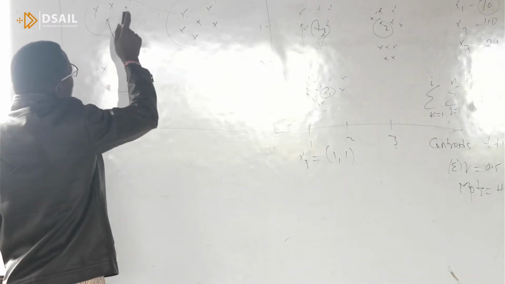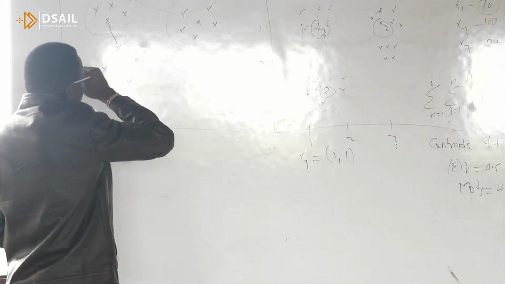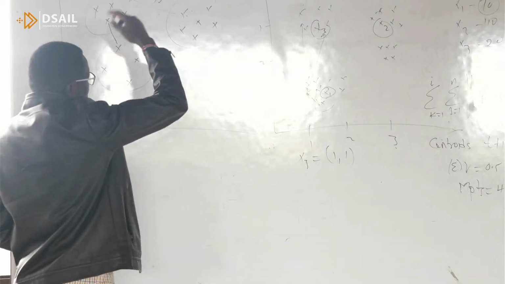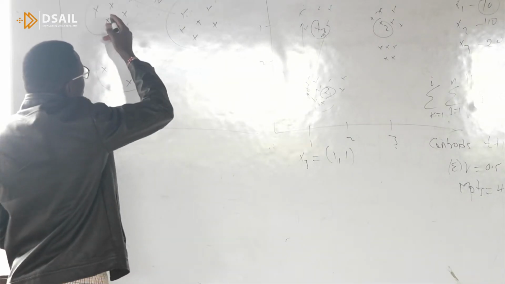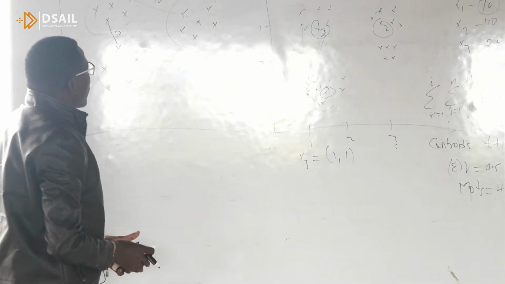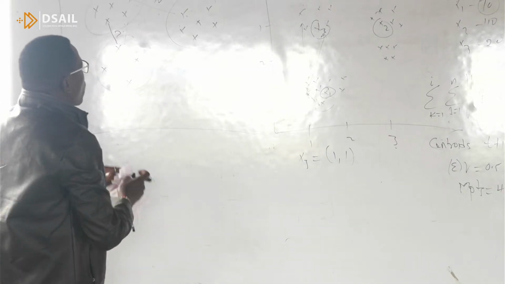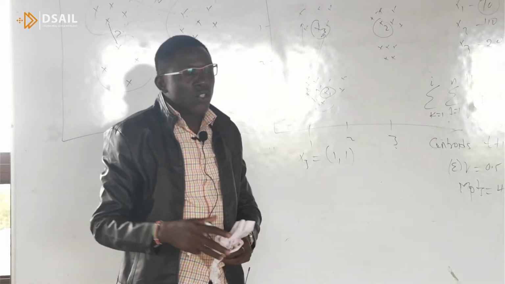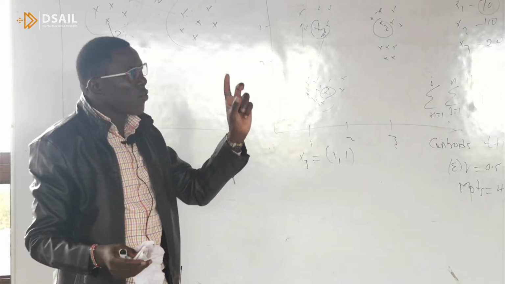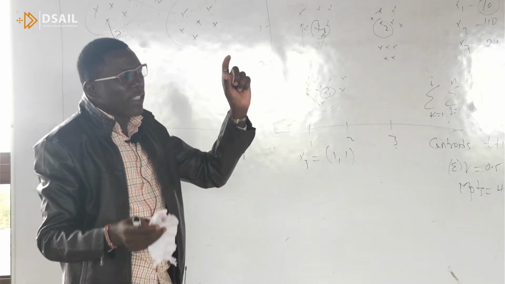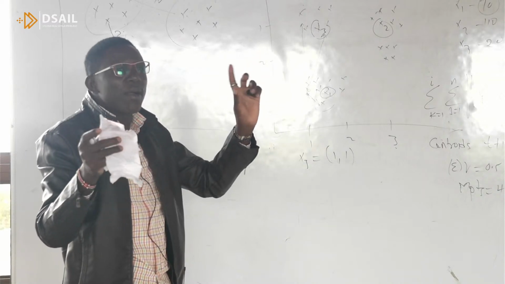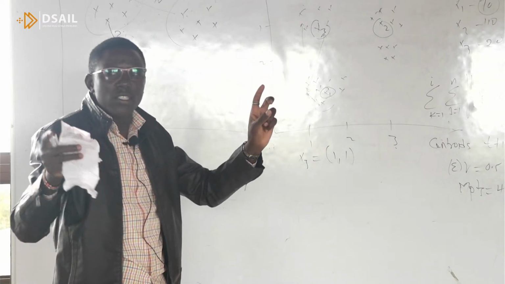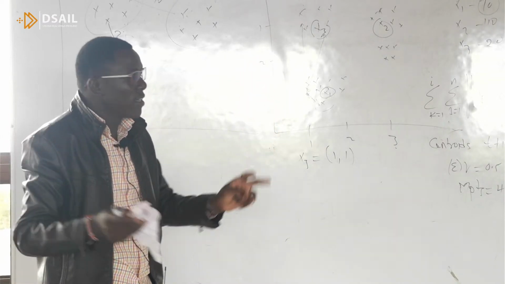If this and this were, let's say, 10 in a certain unit, and this one was 3, then this cluster and this will first of all merge before this one. So that's single linkage. We are using the minimum distance between two points in two respective clusters.